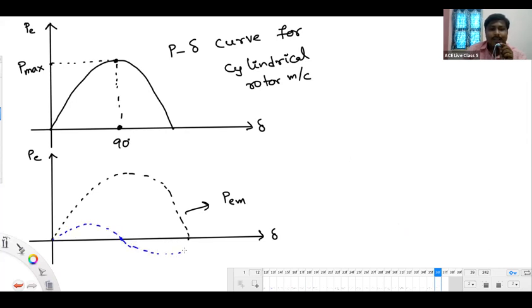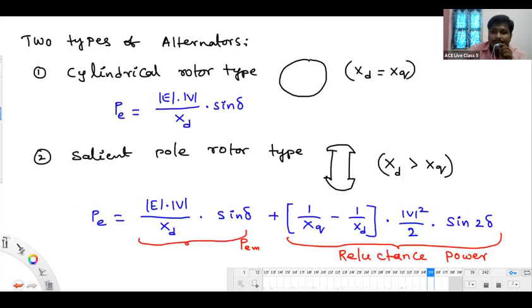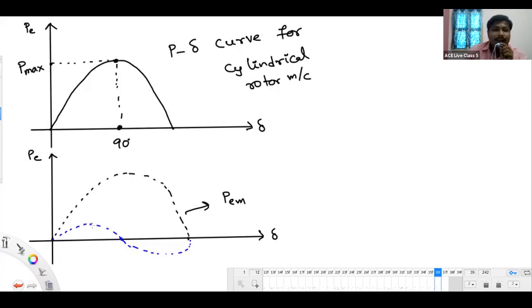But the magnitude of the reluctance power is very, very less compared to the electromagnetic power, so the sine 2 delta signal height comes to be very, very small. Now, this is P reluctance. We have to add that electromagnetic power sine signal and this reluctance power signal together.